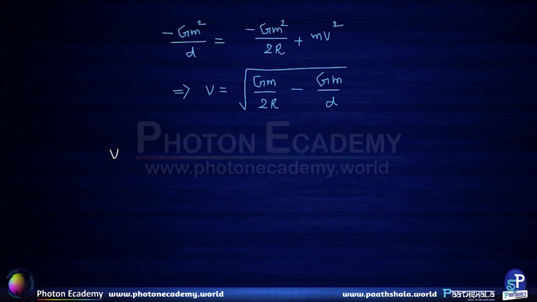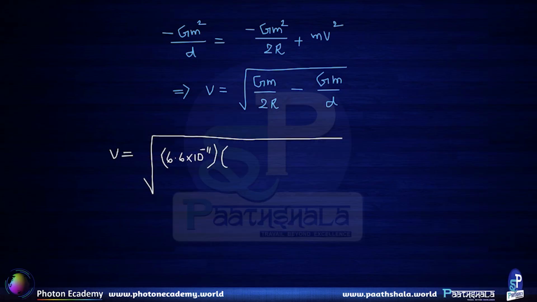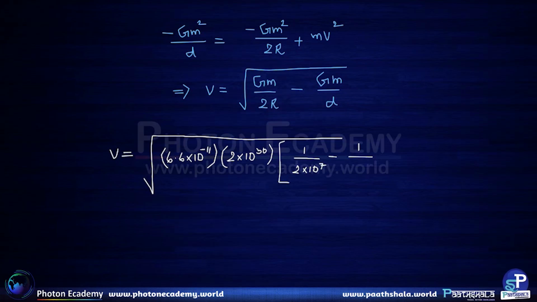We get the velocity to be equal to the square root of 6.6 into 10^-11 into the mass of the star, which is given to be 2 into 10^30, times 1 by 2 into 10^7 minus 1 by d, and d is 10^12 meters.